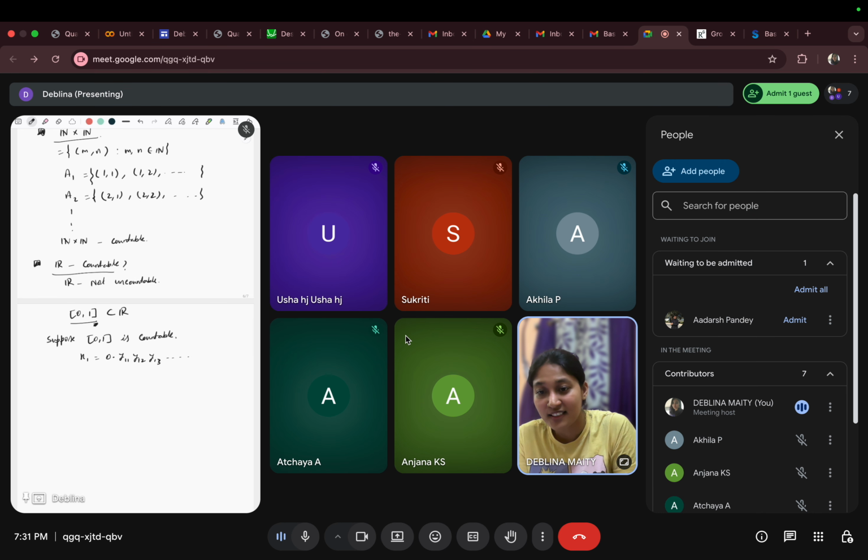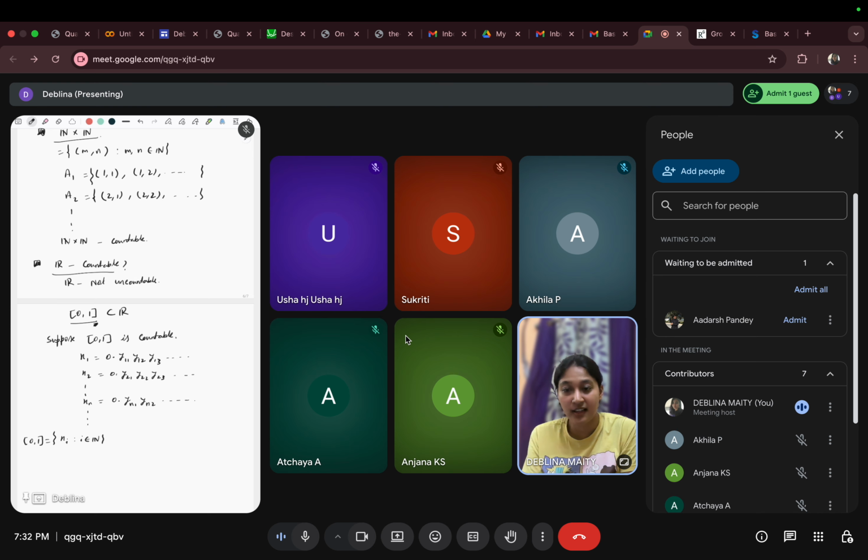We are taking the decimal representation of this x1, and then x2 is like this, and xn is like this. All these xi's are in (0,1), because it is countable, so we have enumerated it. So these are all the numbers in (0,1).